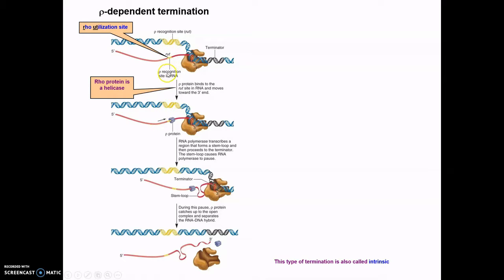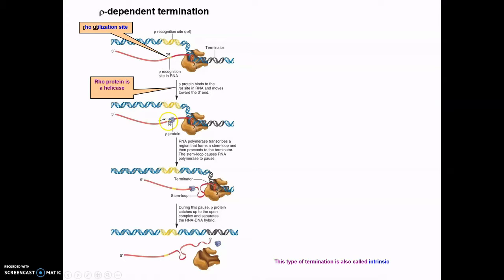That rut site recruits the Rho protein. So Rho will assemble, and Rho is a helicase, just like the helicases we see on DNA during replication that bind around single-stranded DNA. This one is just specific for RNA and assembles around this rut site.